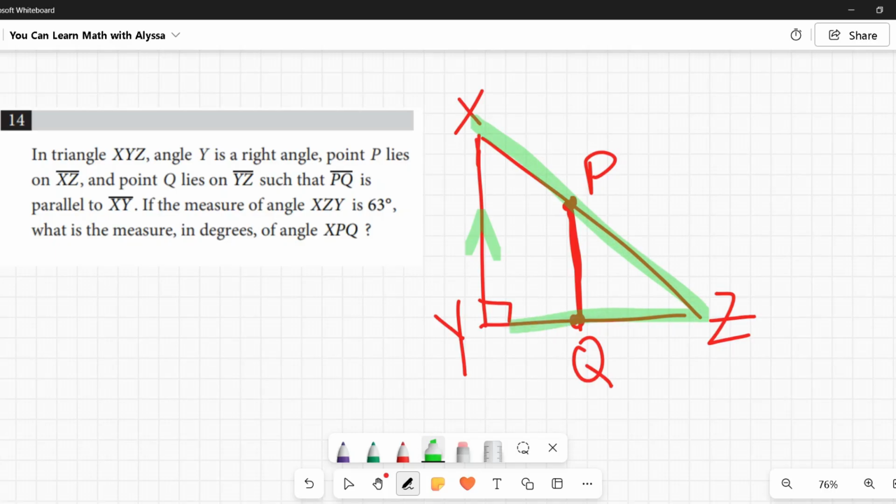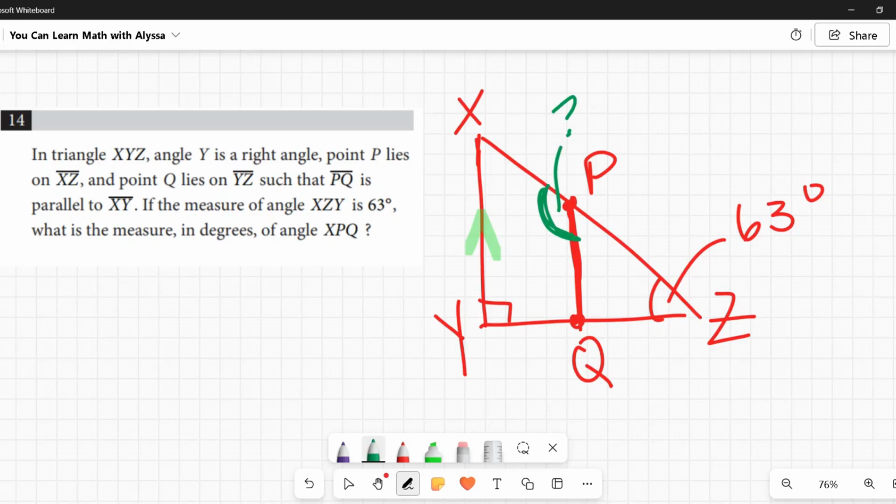Okay. If the measure of angle XZY, there's that angle right there, if that angle is 63 degrees, what is the measure in degrees of angle XPQ? Okay, so this is my one where I don't know what that is. The fact that these are two parallel lines is a big part of this. We have parallel lines being cut by two different transversals actually.